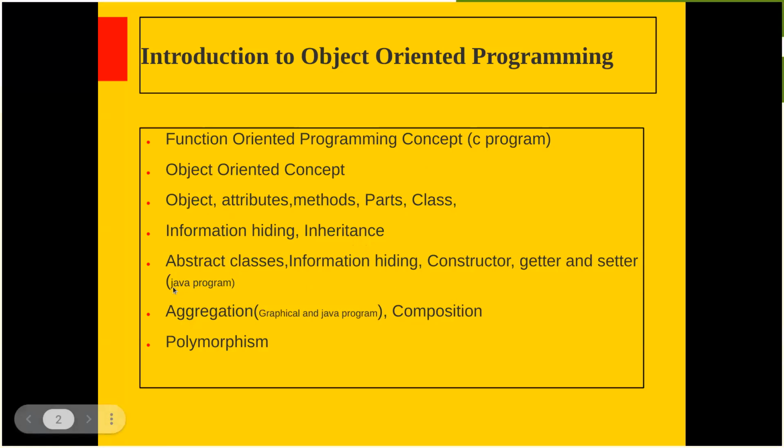I will use Java programs to explain these abstract classes and object-oriented methods. I will explain function-oriented programming with a C program, because C does not actually support object-oriented programming. Java and Python support object-oriented programming. C++ also supports it.